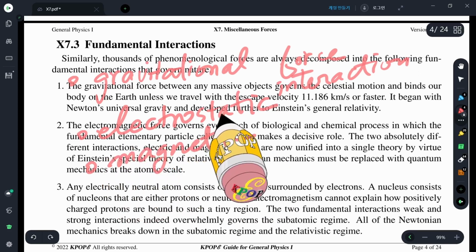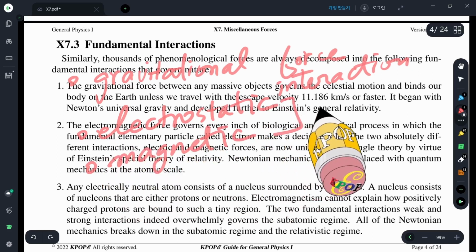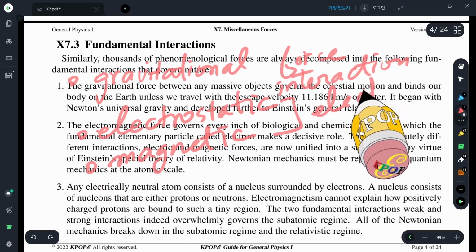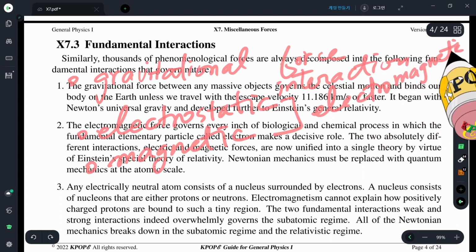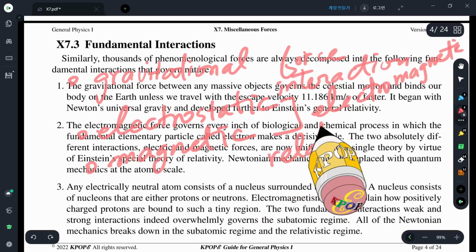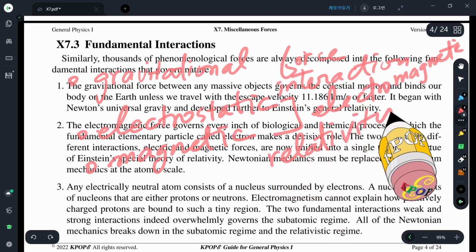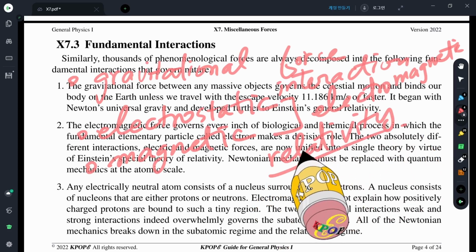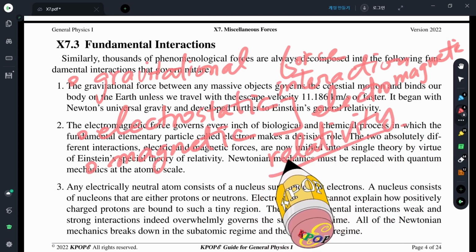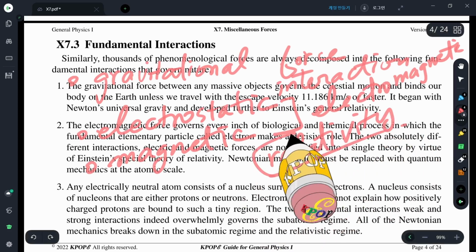However, electrostatic force and magnetic force are combined into electromagnetic force because of relativity. It is not Galilean relativity. Instead, it is Einstein's relativity.